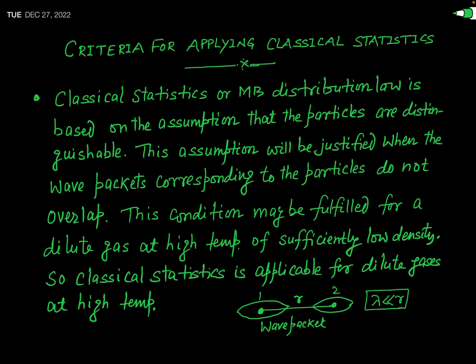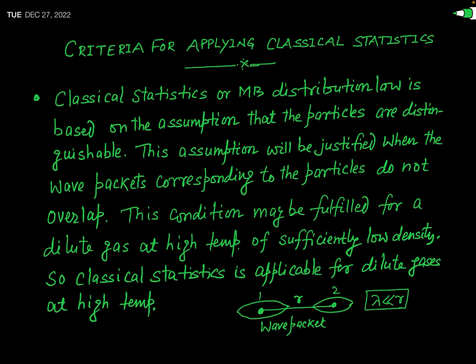Actually, this condition can be fulfilled in the case of a perfect gas, or you can say a dilute gas, because a perfect gas is just an ideal situation. It does not exist in practice. So in practice we always take a dilute gas, that is a gas of very low density.